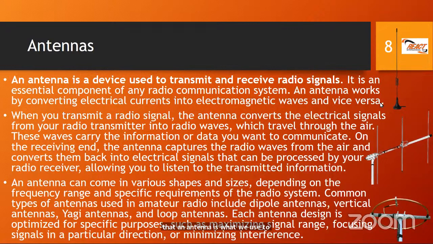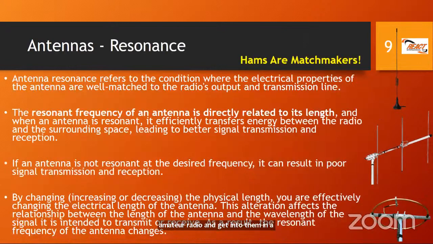And on the right-hand side here are some examples of antennas. We will get a bit more into the different types of antennas, what they're called, the properties, when they might be used. But we just need to know that antennas are important to amateur radio, and we'll get into them in a bit.